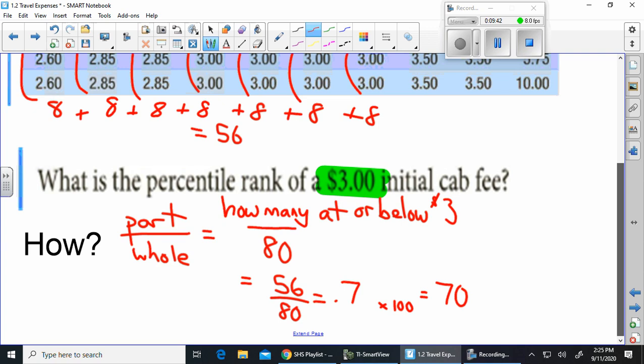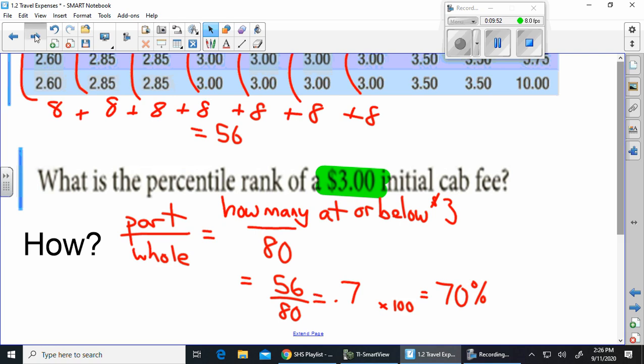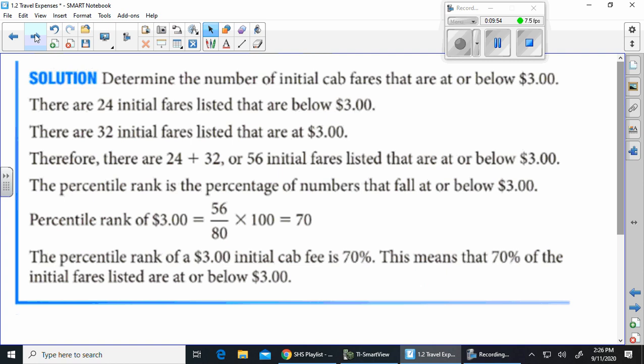So the percentile rank of a $3 cab fee is 70%. So you just want to think at or below that number.